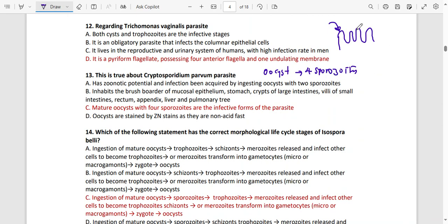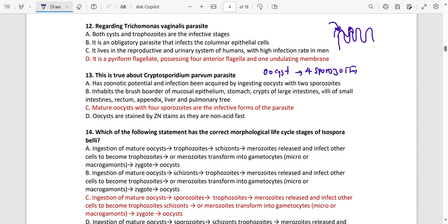And these sporozoites are going to attach on the mucosa of the epithelial cells. And then they'll start releasing enzymes, and those enzymes start to break down mucus. Remember this place is covered by a layer of mucus. So they've broken down mucus, and then they'll be able to go and attach. It's like a ligand, it goes now and attaches to the receptor. So there is that receptor ligand interaction.